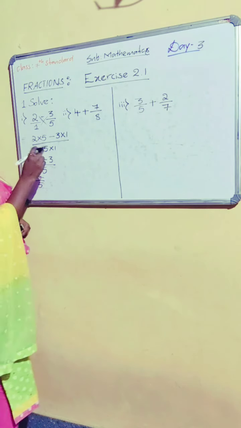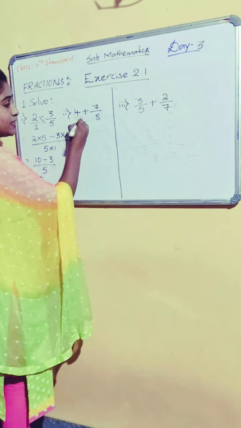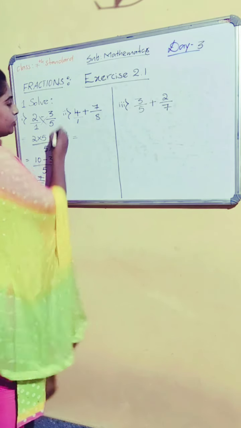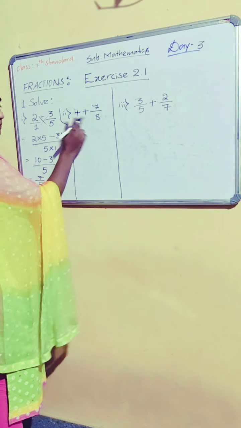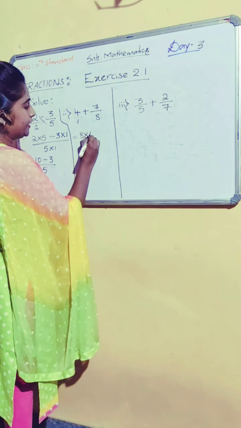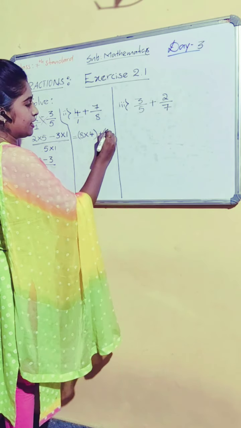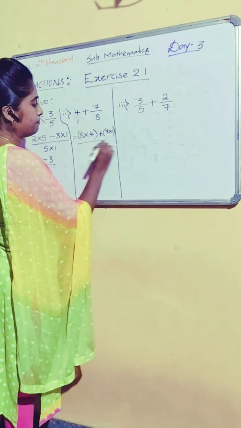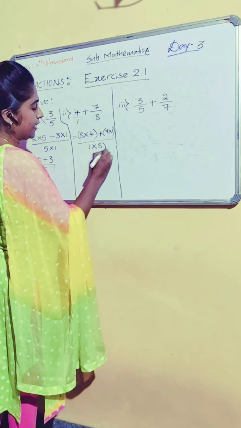Come to the next one. We do the same: if nothing is there, we assume there is a 1. So how can you write this one? Cross multiplication, that is 8 into 4 plus 7 into 1 by 1 into 8.